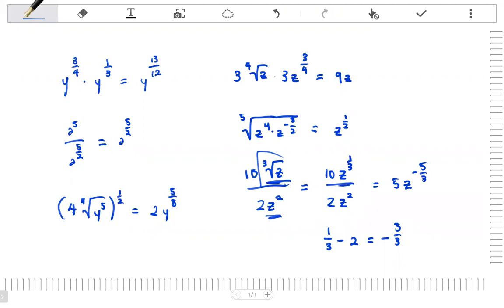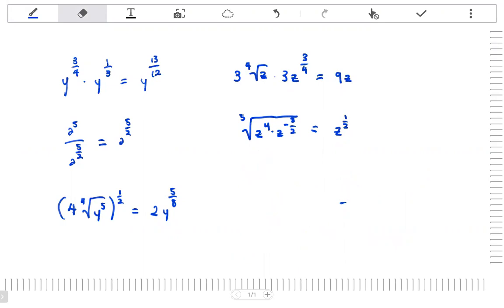Remember, if exponent is dividing another exponent with the same base, you can subtract. So it's the same as this, which we got as z to the negative 5/3. Does that make sense? Yes. Okay.